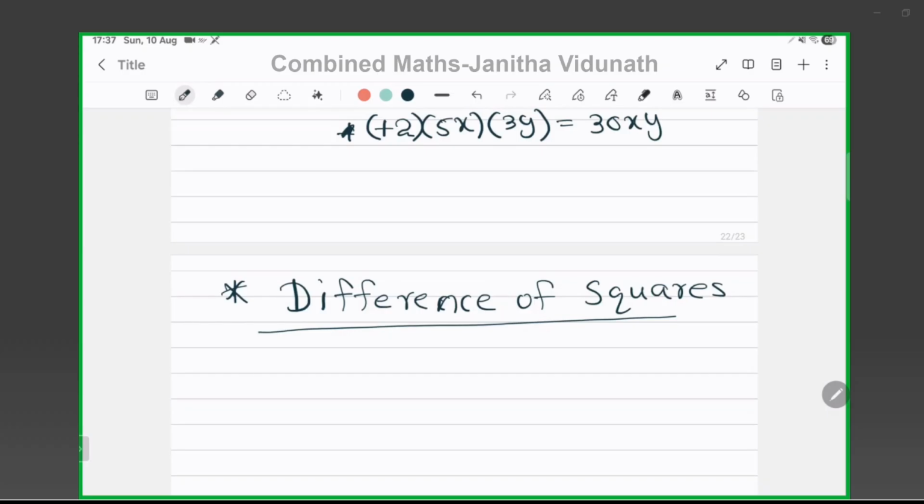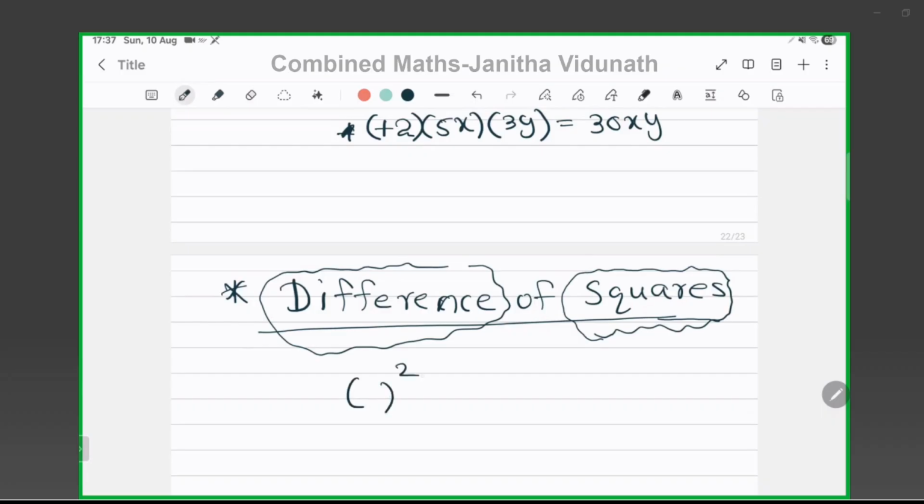Simply, we can identify what is inside our method from the name. Here we have a difference, and here we have squares. By observing the topic, we can identify there can be squares and there can be a minus sign.